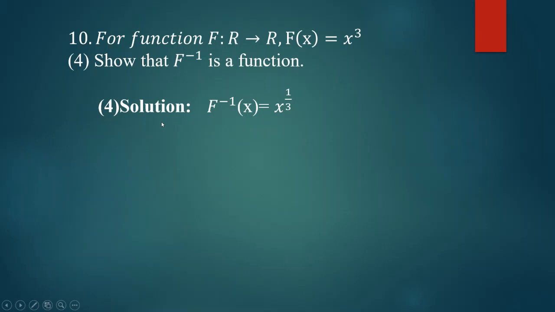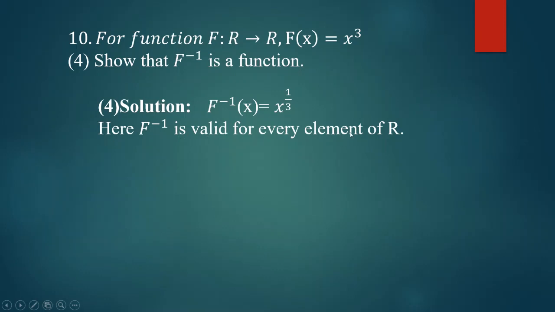I can show you another way. From 3 we get f inverse x equal to cubic root of x. This f inverse is valid for every element of R, the domain.